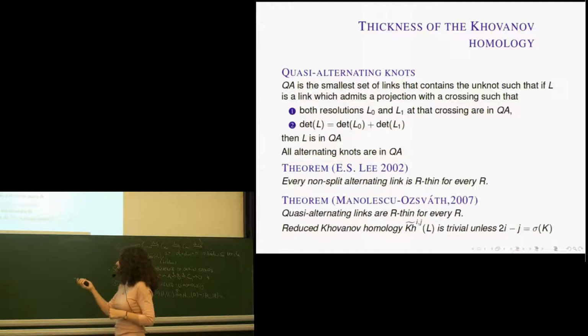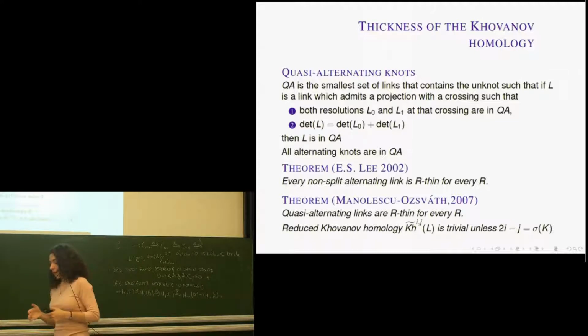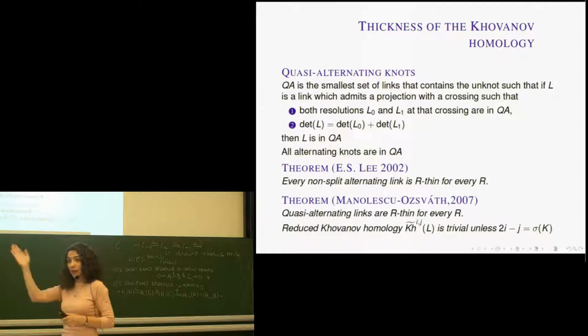And in particular, you can do that by showing that the reduced Khovanov homology is trivial unless it lies on the diagonal of slope 2, 2i minus j, such that their difference is equal to the signature of the knot. So what this is saying is that we know Khovanov homology of alternating non-split links lies on two diagonals, and this actually tells us exactly where in the plane those two diagonals will be.